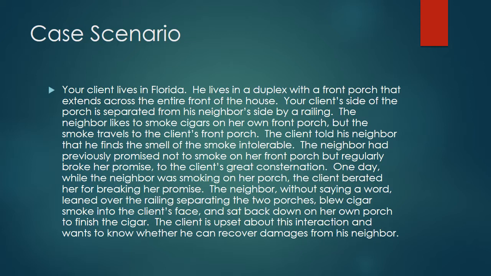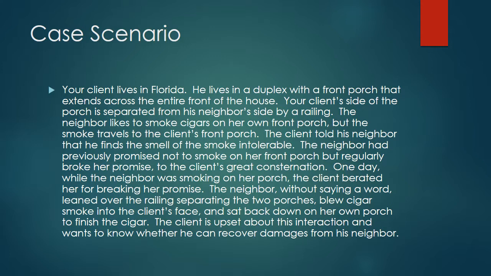One day, while the neighbor was smoking on her porch, the client berated her for breaking her promise. The neighbor, without saying a word, leaned over the railing that separated the two porches, blew cigar smoke into the client's face, and sat back down on her porch to finish the cigar. The client is upset about this interaction and wants to know whether he can recover damages from his neighbor.